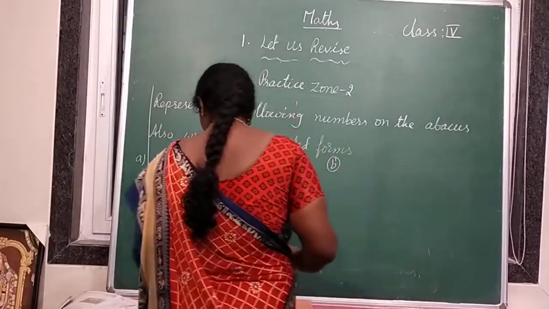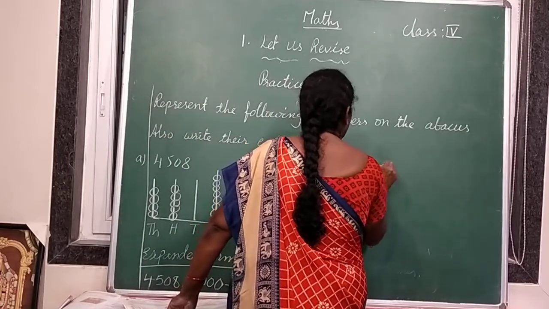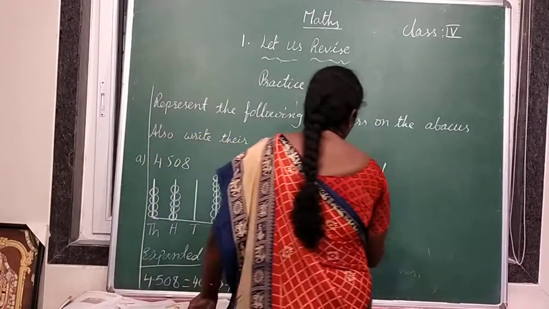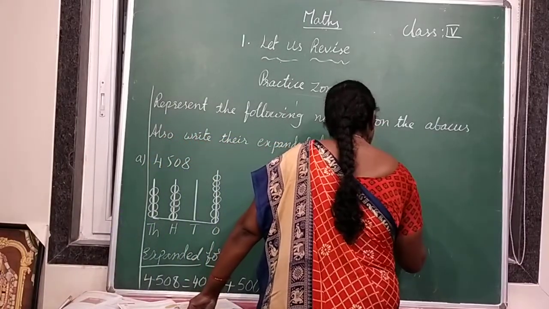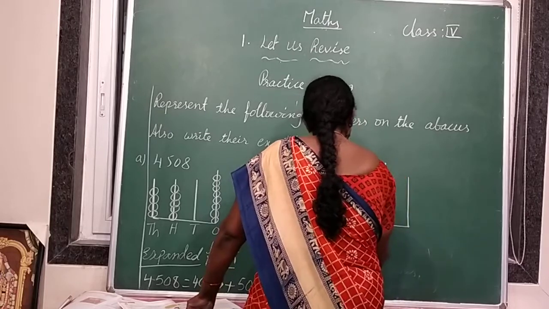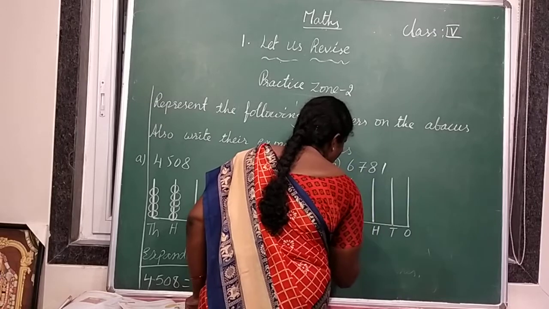Second one, 6781. Okay. So draw abacus. Ones, tens, hundreds, thousands.